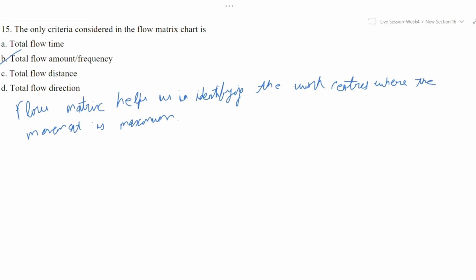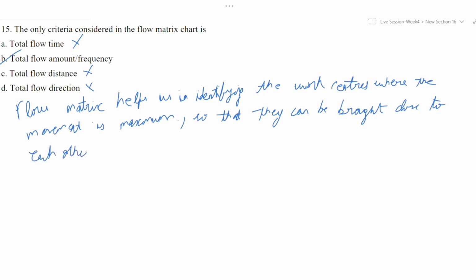Cost, distance, direction, time, these are not considered, so that they can be brought close to each other.